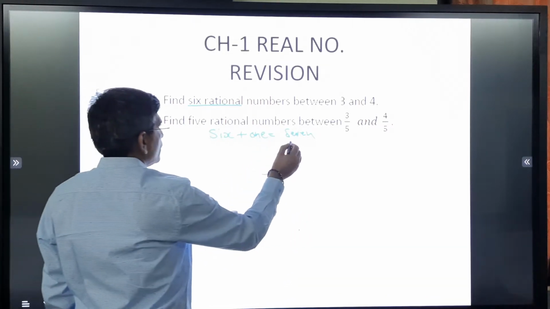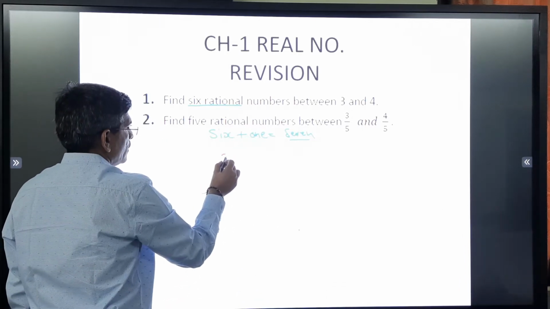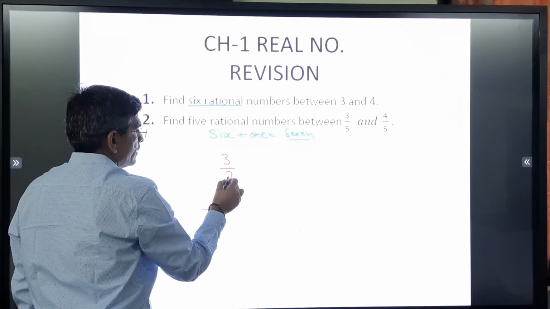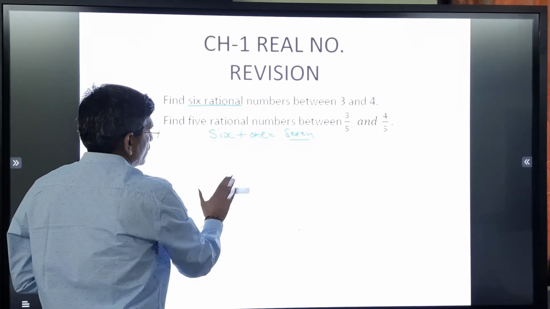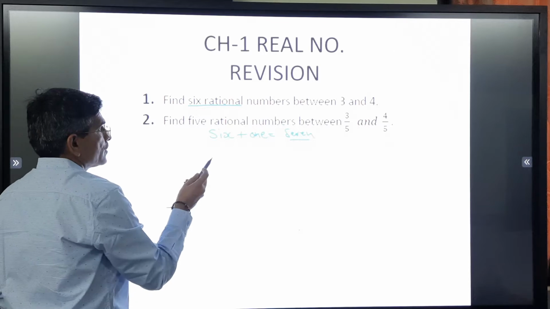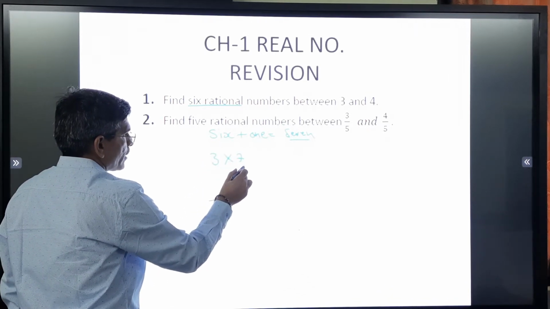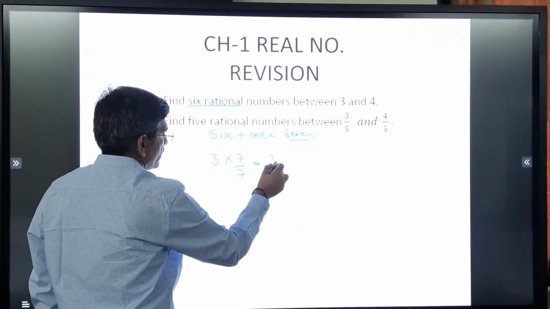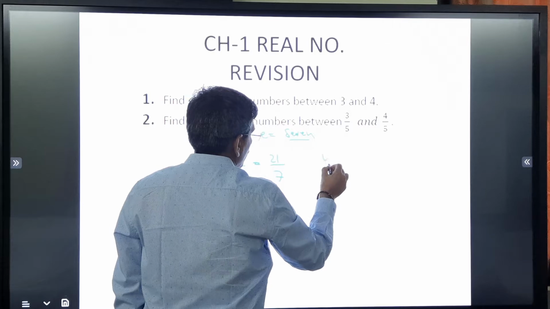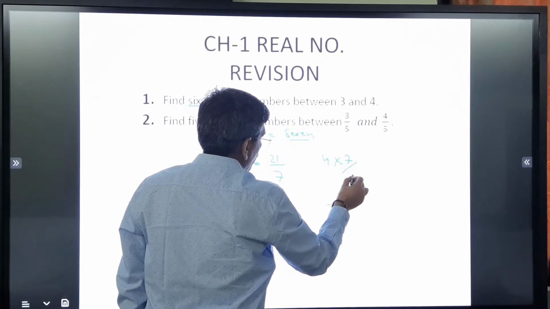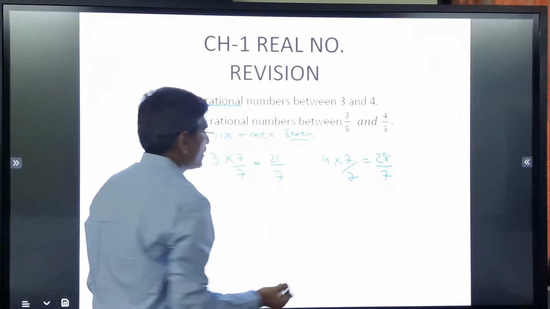So we have to use 7. Now 3, numerator and denominator multiplied by 7, that is 21 upon 7. 4 into 7 upon 7, that is 28 upon 7.